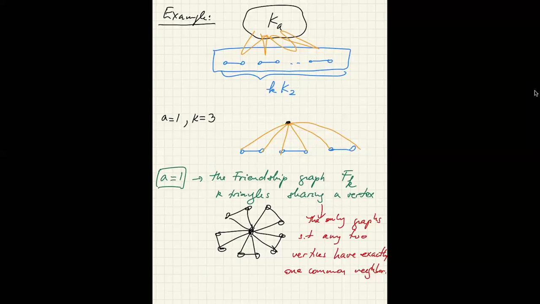So coming back to our problem, we have this graph Ka. Maybe for simplicity, let's just do the friendship graph instead of Ka. Let's just do the one with A equals 1. So we have this graph all the way like this. It has K copies of K2. What are the eigenvalues?